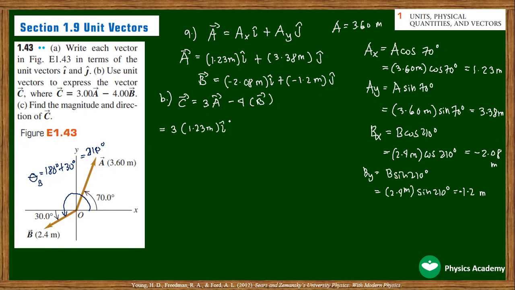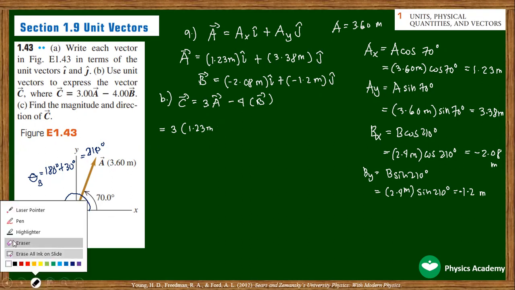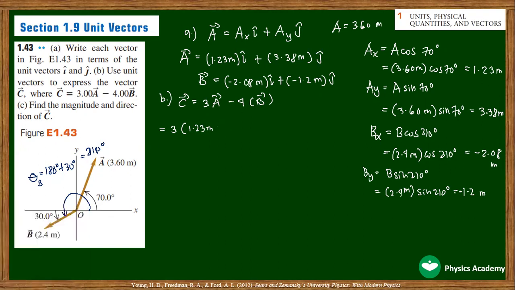Let's just write this as this one, 1.23 meters i hat plus 3.38 meters j hat.